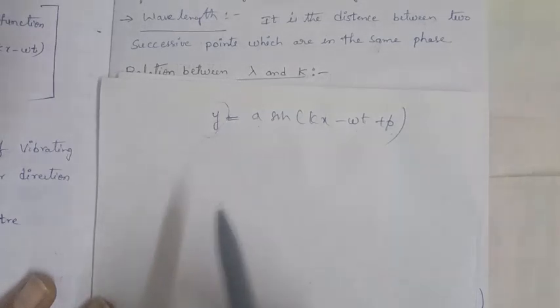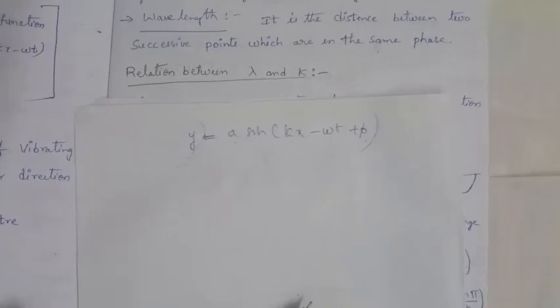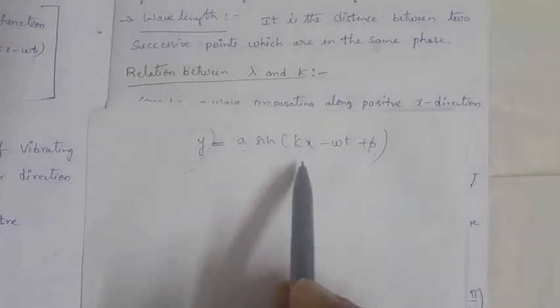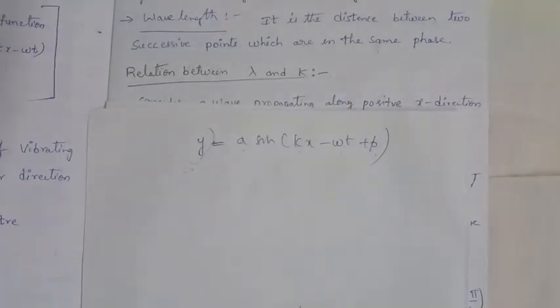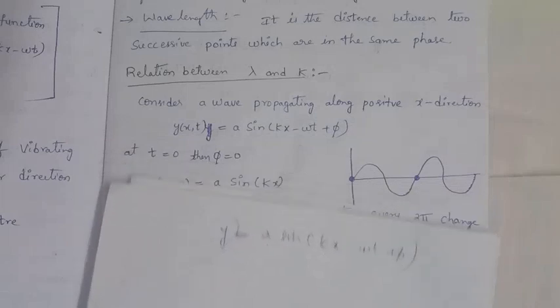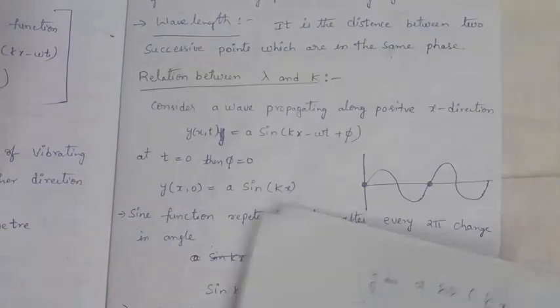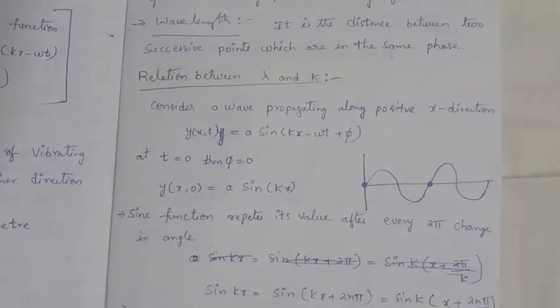The terms amplitude, phase, wavelength, frequency, time period, all these are completed. Now we will go for the relation between lambda and k. What is lambda? Wavelength. K means wave number.